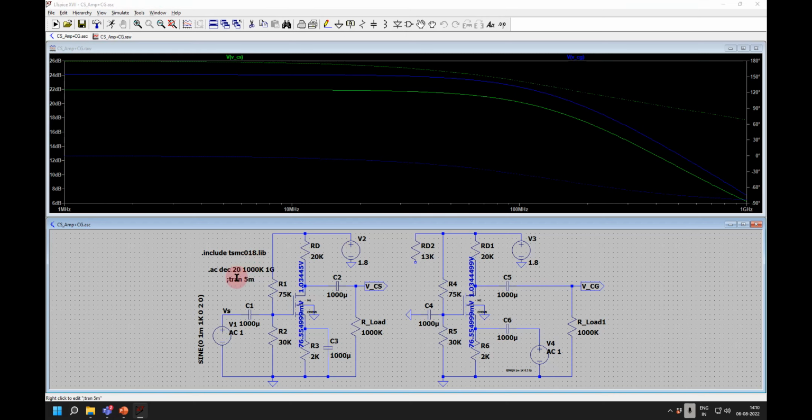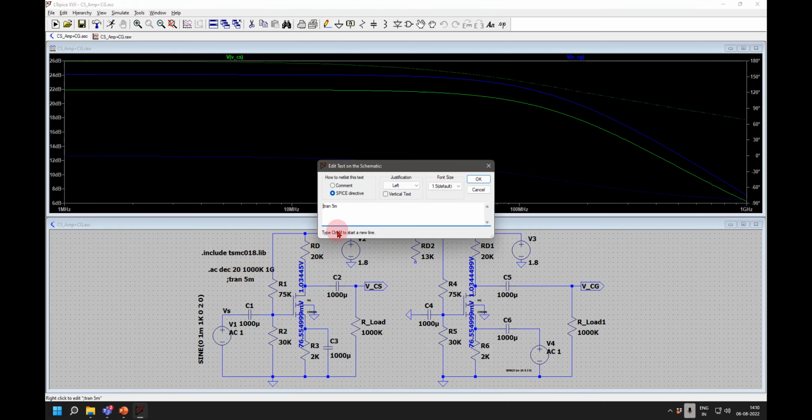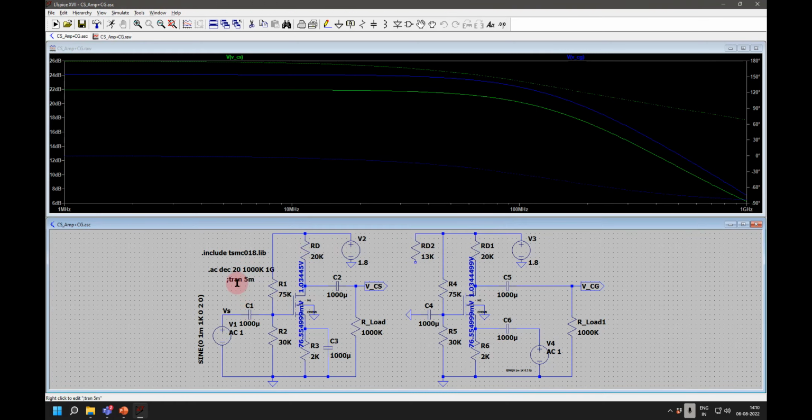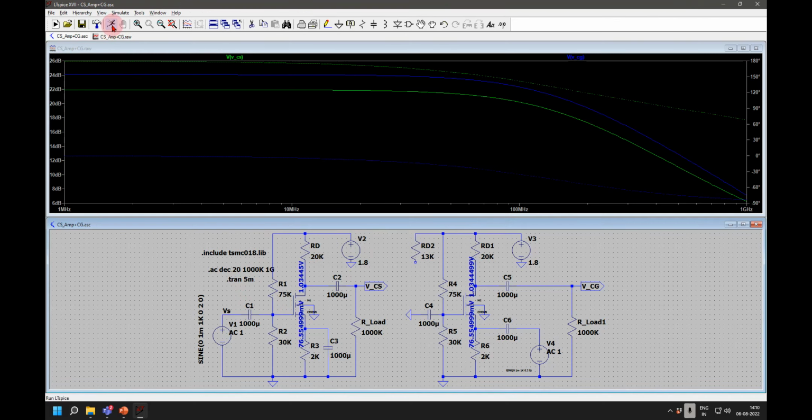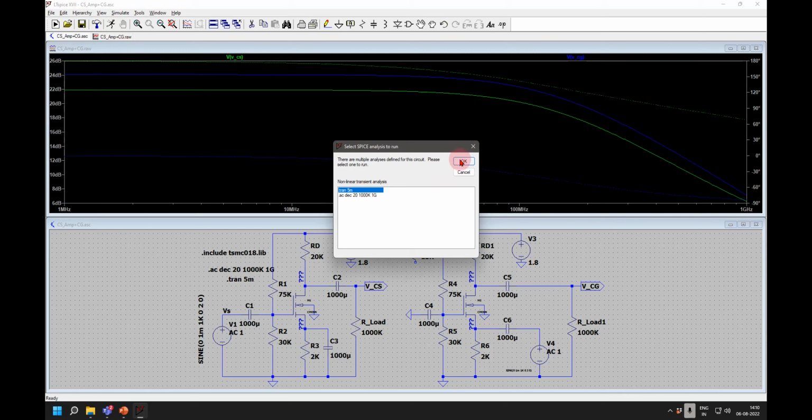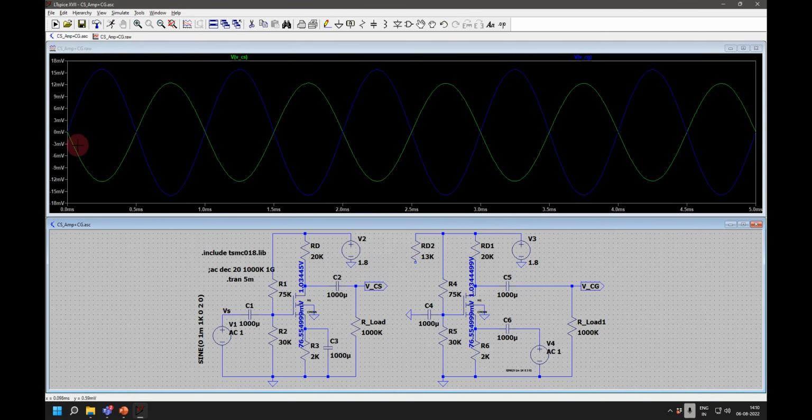If I do the transient analysis also, you see this is the signal for the CS amplifier, and this is for the CG amplifier.